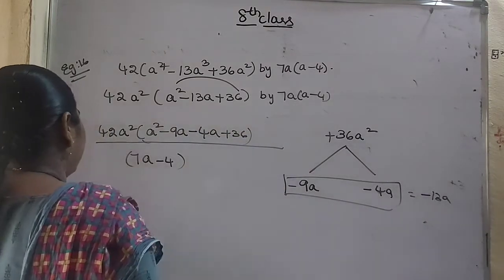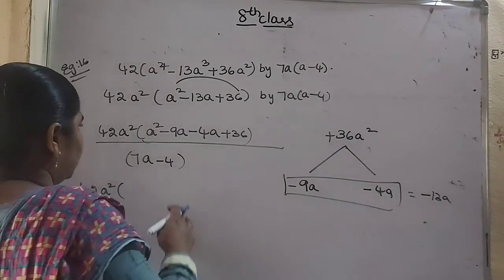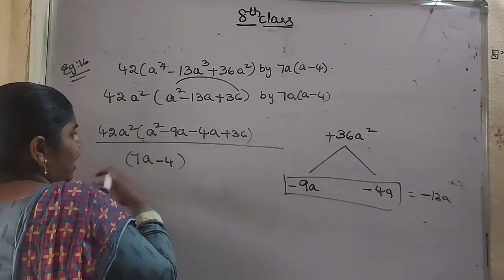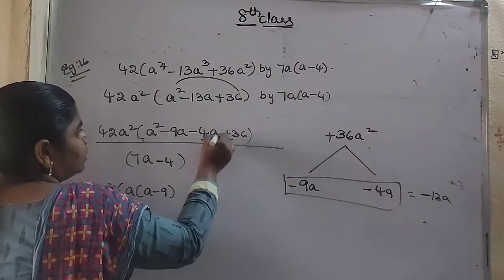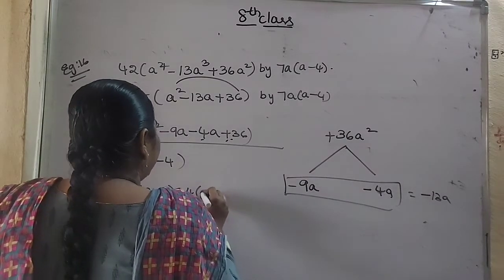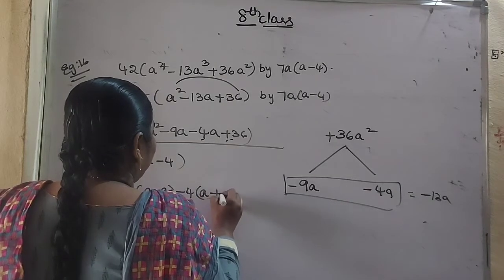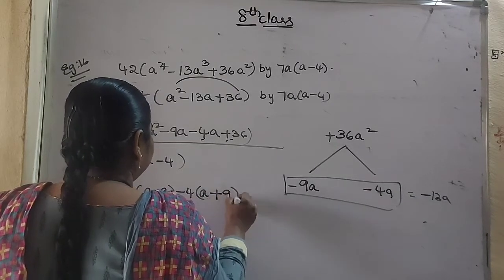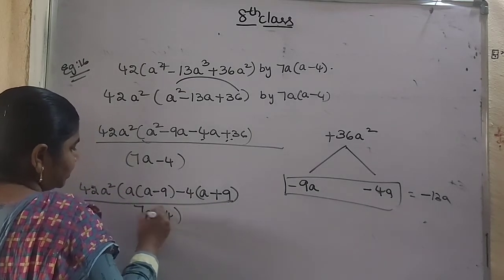Now we have to take common factors. In the first two terms I can take a as common, so it will be a minus 9. From the other two terms I can take 4 as common, so a minus 9.